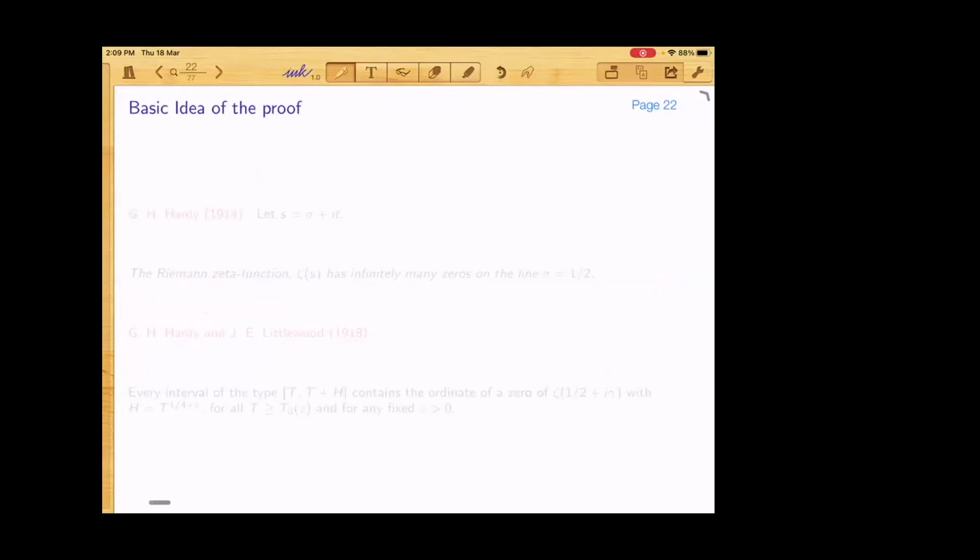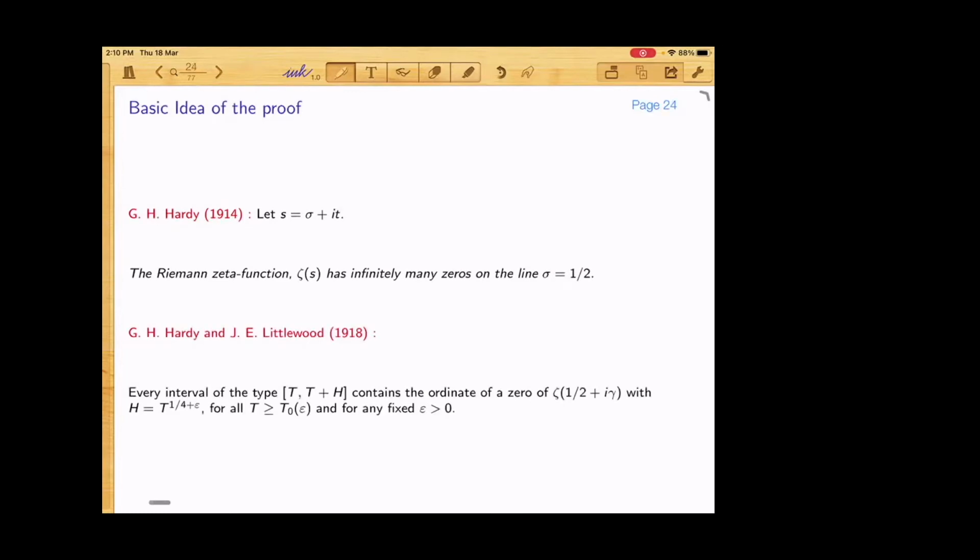So the basic idea of the proof goes back to Hardy. In fact, most of the proofs showing infinitely many zeros for any well-behaving L function or zeta function depend on the approach by Hardy, which was simplified by Hardy and Littlewood, who showed that every interval of the type t to t plus h contains the ordinate of a zero of zeta of half plus i gamma, with h being t to the power 1/4.